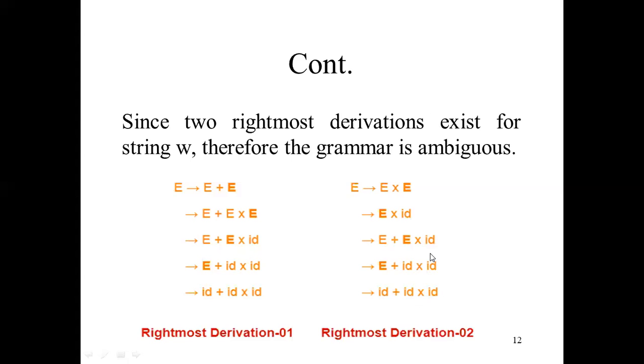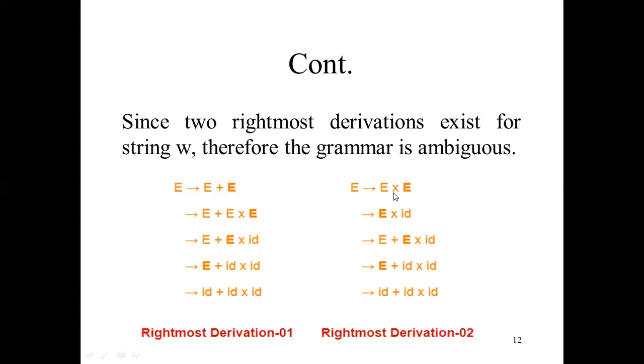So again, another derivation, we will proceed in the same fashion, E into ID, just replacing ID, and this E we can write as E plus E, because it is given in our string. So we always proceed as per our string, as per the requirement of the output, what type of string is given and what type of output we want.